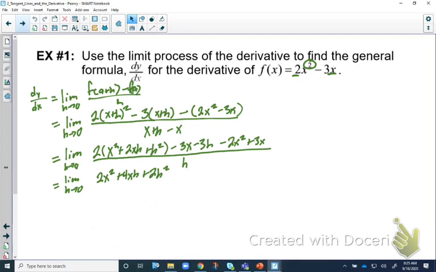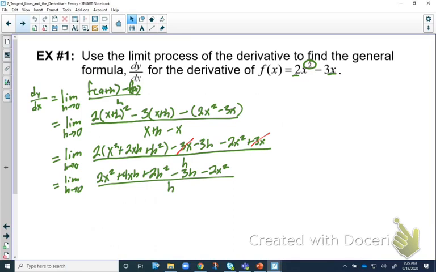And also in the numerator, I have a negative 3x and a positive 3x, and those are going to wind up canceling out. So I don't need to write those anymore. So I have a minus 3h and a minus 2x squared all over h.